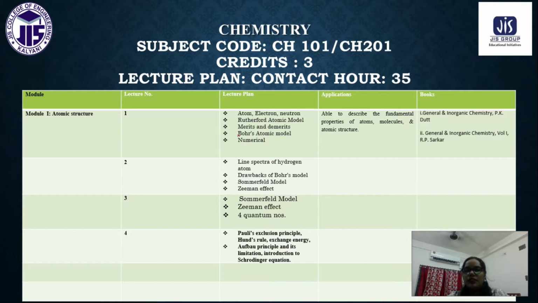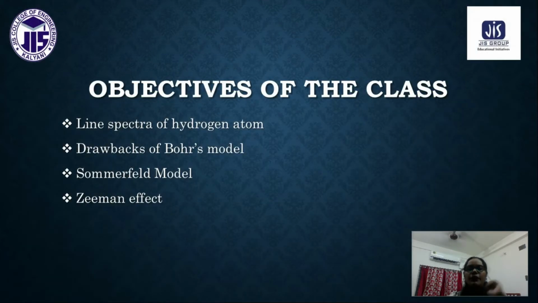Last day we have already discussed lecture number 1, and today we are going to discuss lecture number 2. These are some of the objectives of today's class. After this class, you will be able to explain the line spectra of hydrogen atom. Next, you will know the drawbacks of Bohr's model.